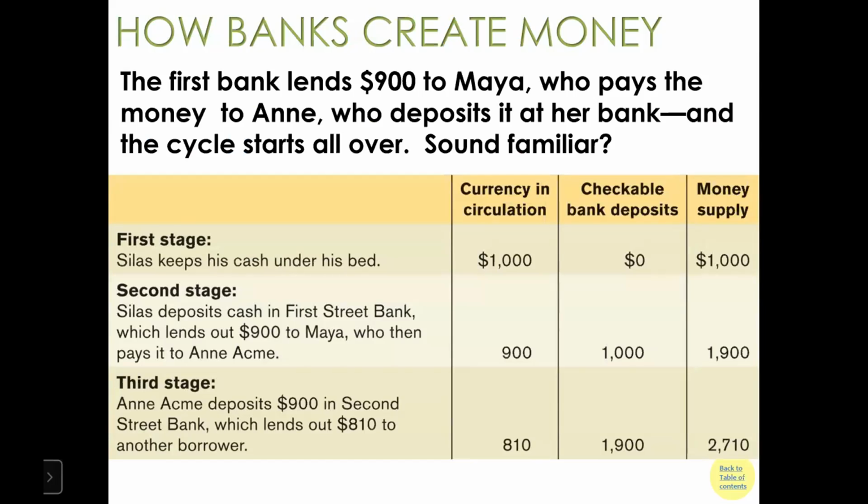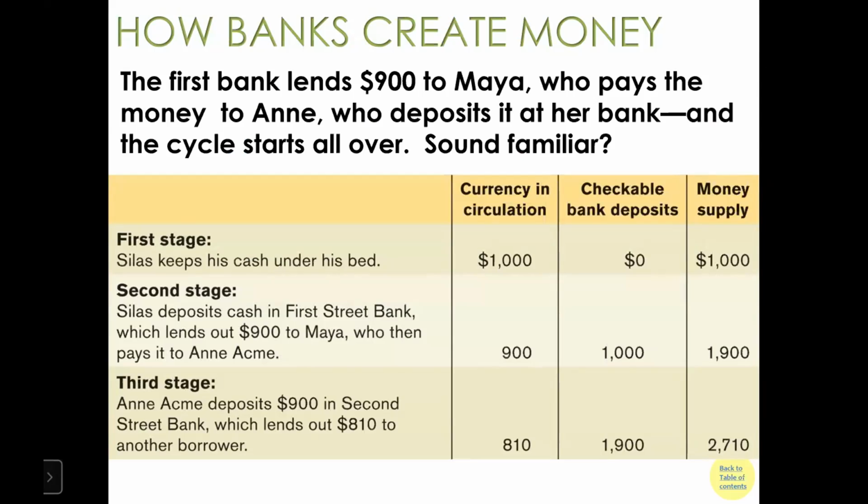We have a person in the economy, Silas, that's his name in this example. Silas has $1,000 of cash. Before we have the banking system involved, all the money supply we have is $1,000. So this is where we start.